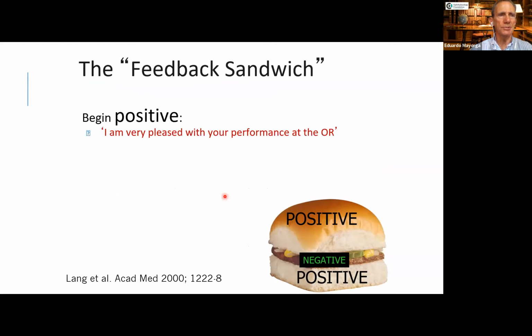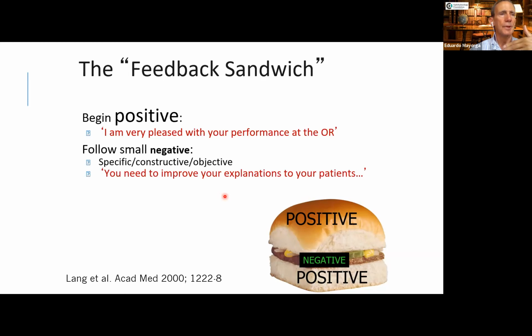You start giving the positive: I'm pleased with your performance in the operating room because that rhexis ended as we want, round, 5.5, and centered. You can give then not the negative, I would say the opportunities for improvement. So you need to improve the explanations to your patients, and you can do this by using simpler words, because they do not understand some of the terms we're using.